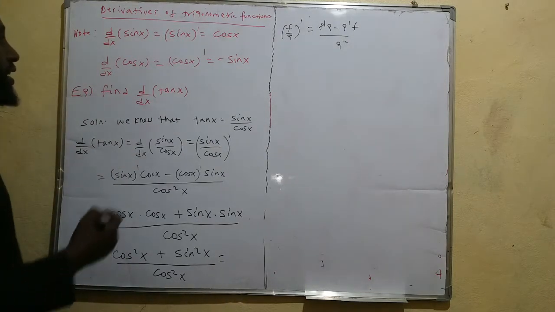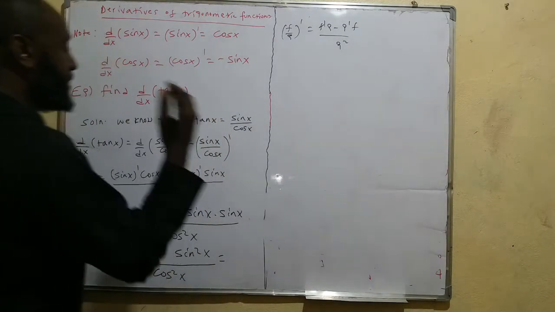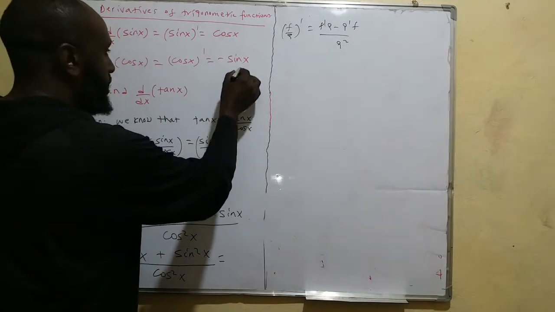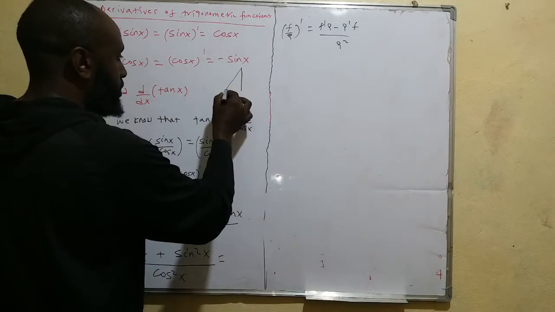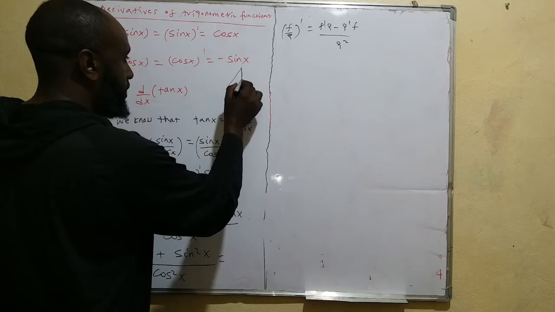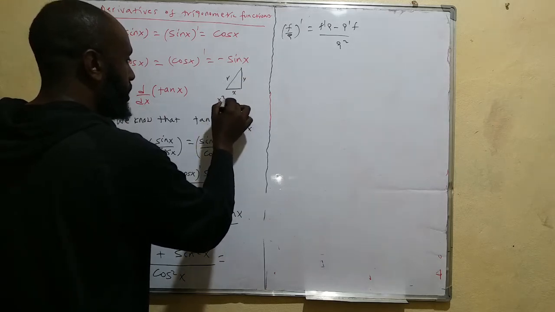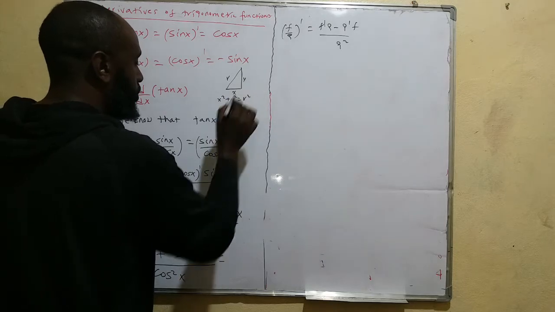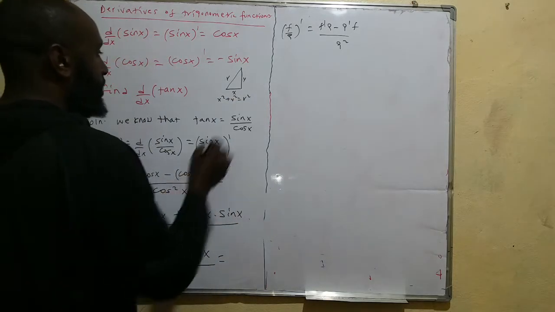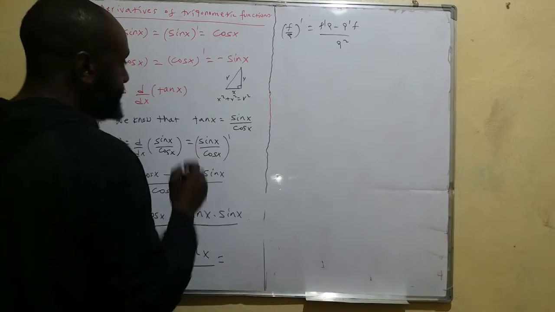From the identity rule of trigonometry, with x, y, r: x square plus y square is r square, just the Pythagoras rule.